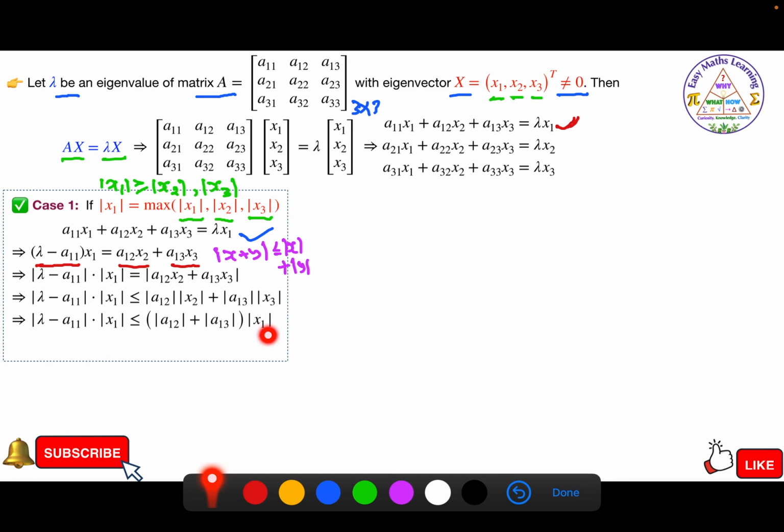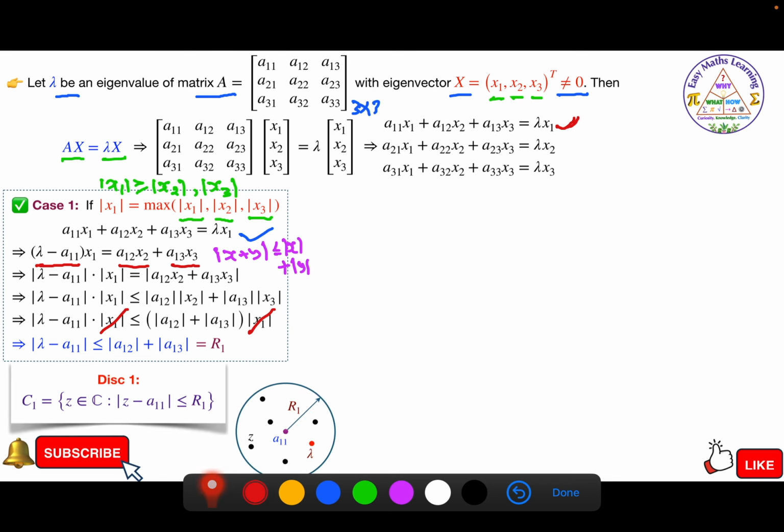Now we have modulus of x1 on both sides, so we cancel modulus of x1. So what are we getting? Modulus of lambda minus a11 is less than or equal to modulus of a12 plus modulus of a13, and we say this sum is R1.